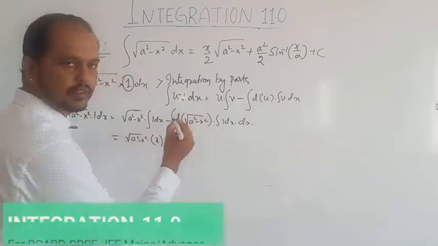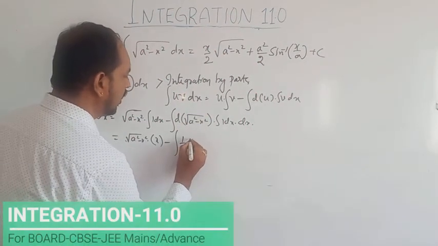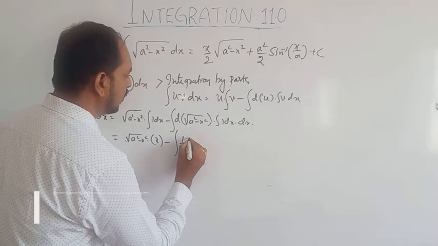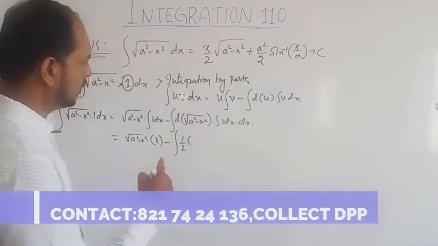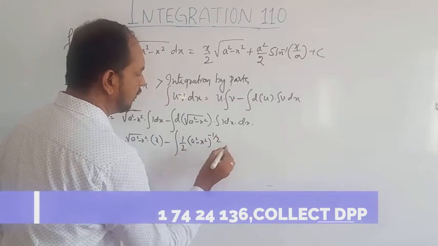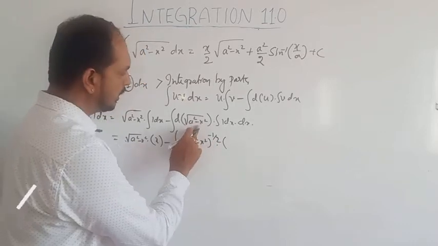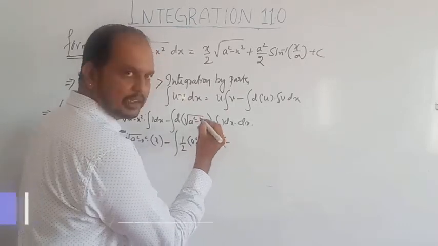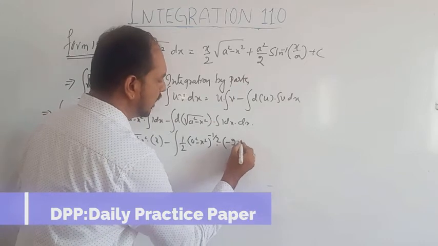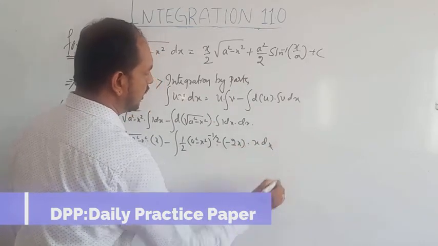integration of, or differentiation of this will be 1 by 2, n into n minus 1, that is a square minus x square to the power of minus 1 by 2, okay, into the differentiation of the inner function, that is minus 2x, since it is minus x square, differentiation is minus 2x, okay, into x dx.